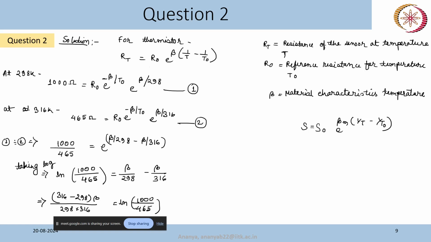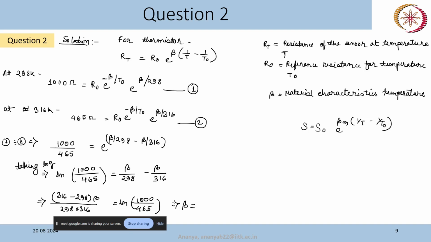I hope that you are also doing along with me, and you can tell me what is the value of beta. This value we need to calculate our sensitivity. Ln of 1000 divided by 465 is 0.7657.